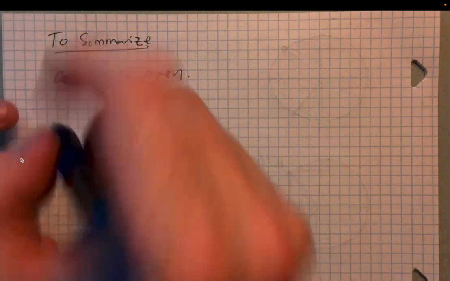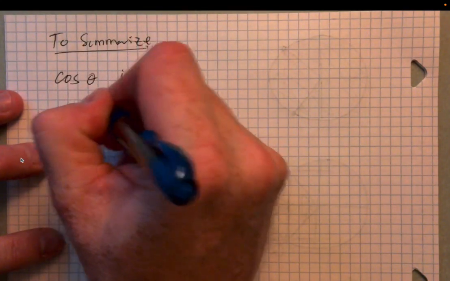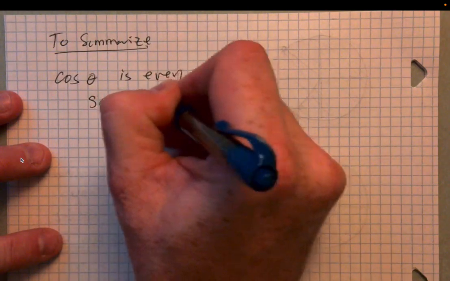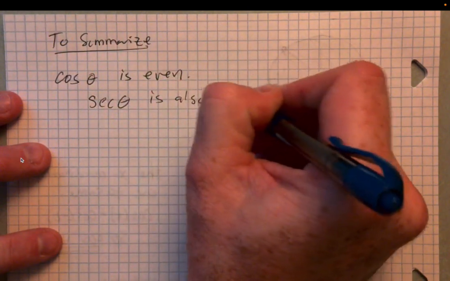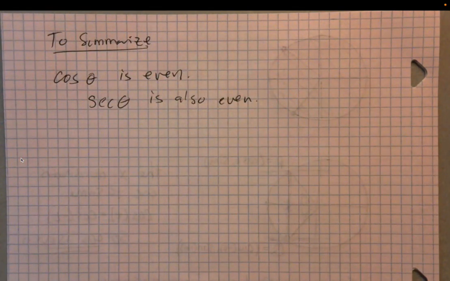Okay, cosine is even, and because the secant is the reciprocal of the cosine, it's also even. Okay, so secant of theta is also even. And just spend a few moments thinking about why the fact that they're reciprocals would mean that if one's even, the other is even. I think you'll be able to see that one pretty quickly.